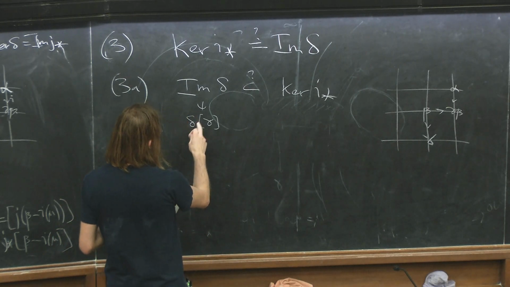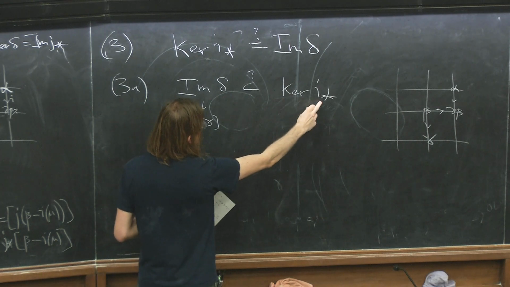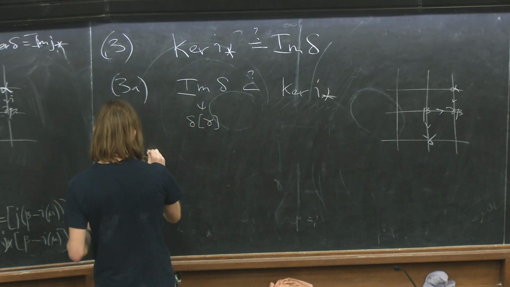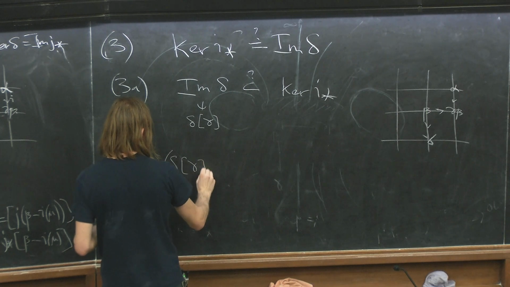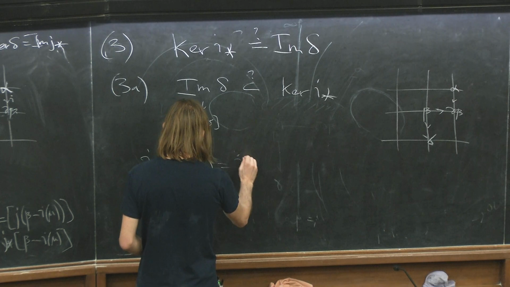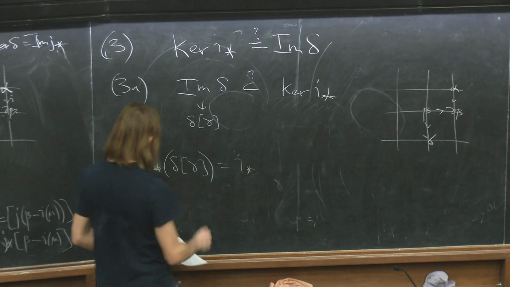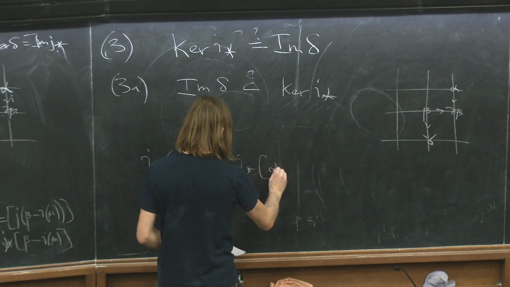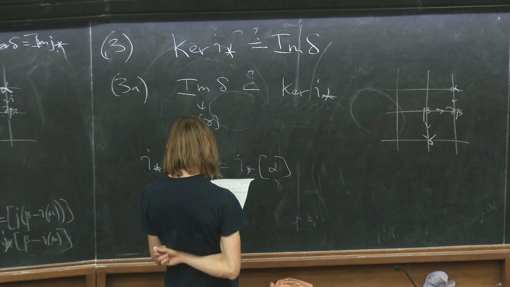And so okay, we take some arbitrary element of the image, and we want to check that it is killed by I star. So let's do this. So we apply I star on the element of this form. Okay, by the definition of this delta map, this is a class of alpha, which we find here.